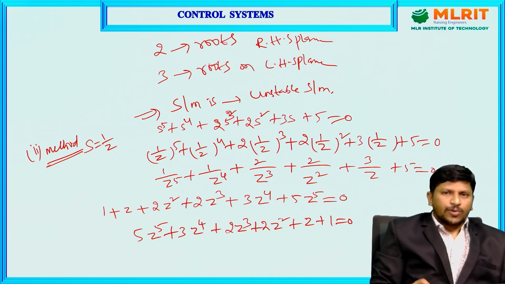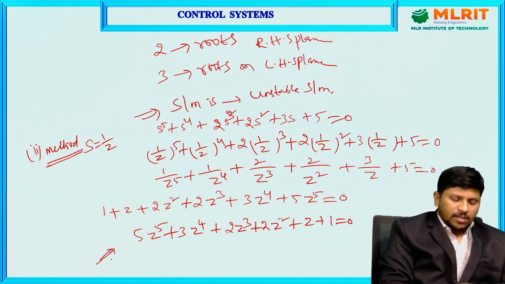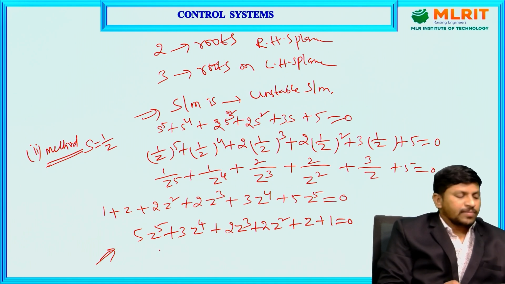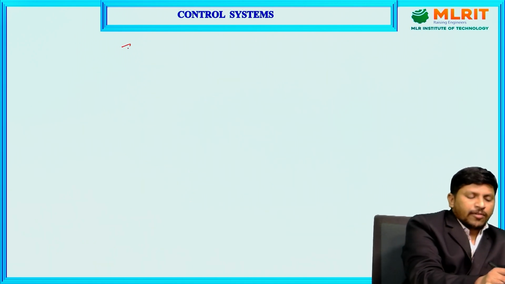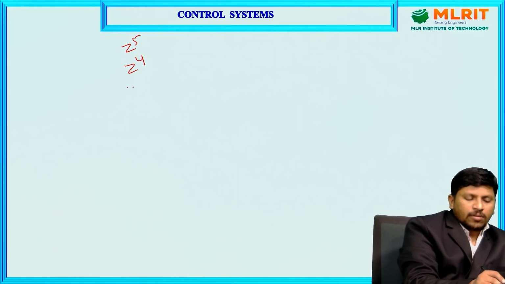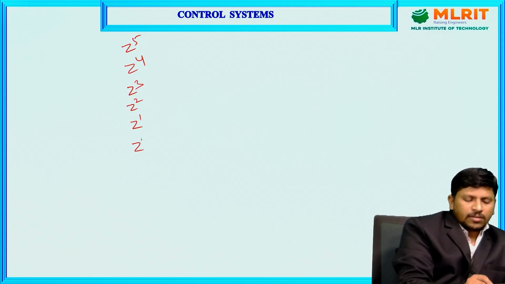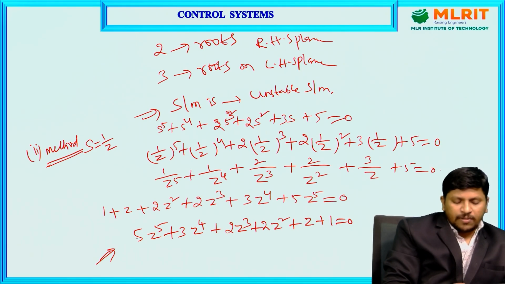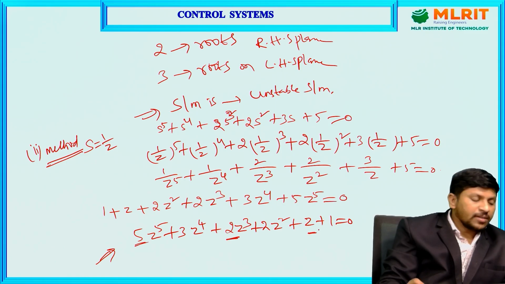Now we are going to arrange the array matrix for the characteristic equation in terms of Z. See, the maximum power is 5, right? So Z power of 5, 4, 3, 2, 1, 0. For Z power of 5, the odd-power coefficients are 5, 2 and 1.